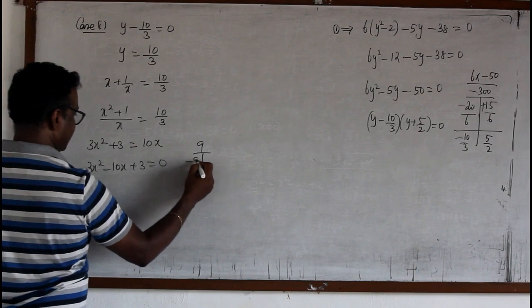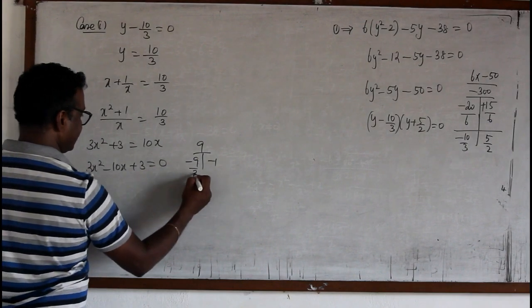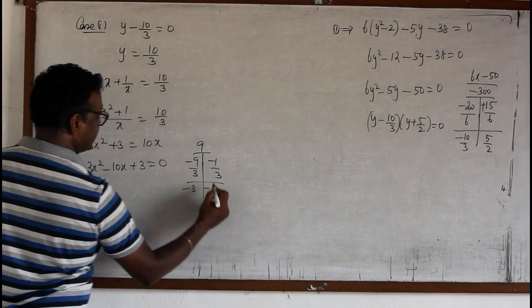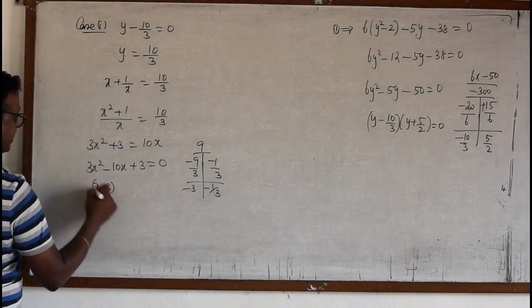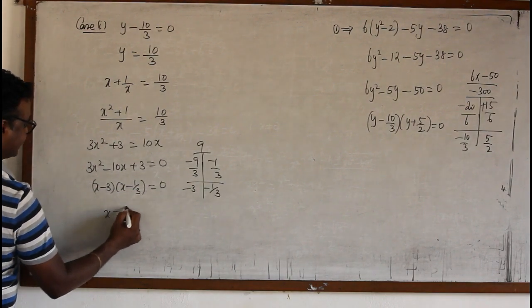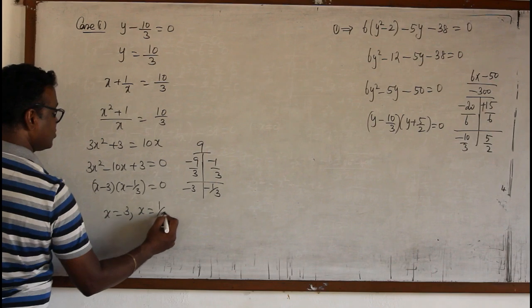I need 10. So minus 9 minus 1, by 3 by 3. It is minus 3, minus 1 by 3. So x minus 3, x minus 1 by 3 equal to 0. x equal to 3, comma x equal to 1 by 3.